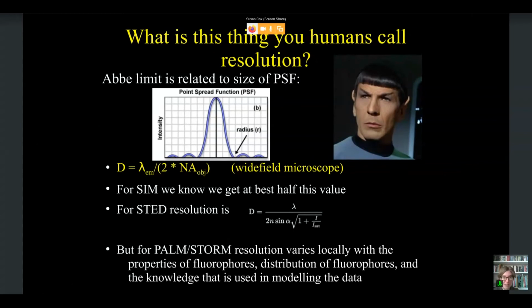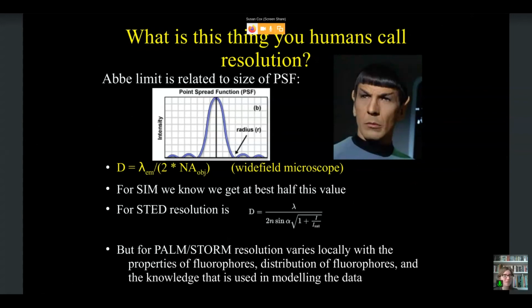the depletion beam. But as somebody who works in localization microscopy, as time has gone on, I've started to feel more and more like Spock from Star Trek, encountering some weird, previously unencountered human emotion like love. What is this thing, I say, that you humans call resolution when we come to localization microscopy?